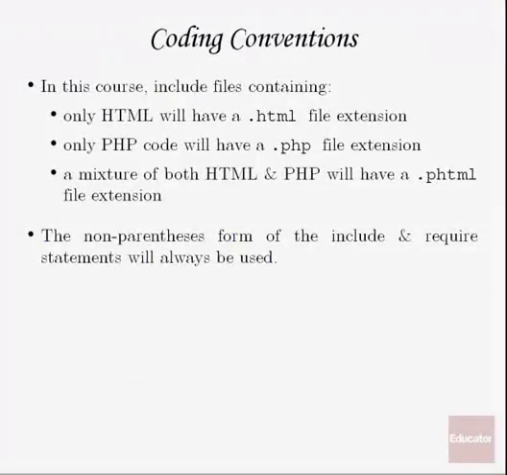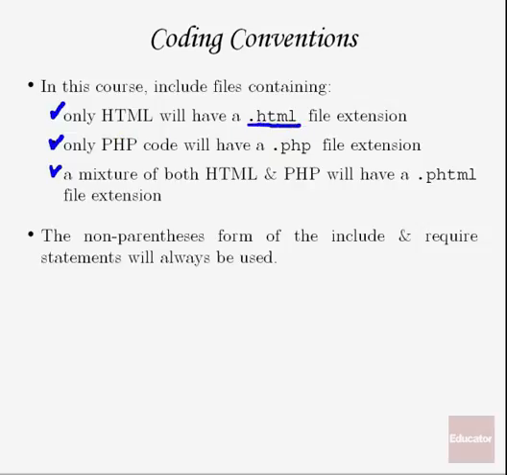So as always, we talk about coding conventions as they relate to the different things we learn about in a particular lesson. In this course, we're going to have different kinds of include files. We're going to have files that might only include HTML, files that are just PHP code, and files that contain a mixture of both. The convention we're going to use in this course is any include file that just has HTML is going to have an HTML extension.